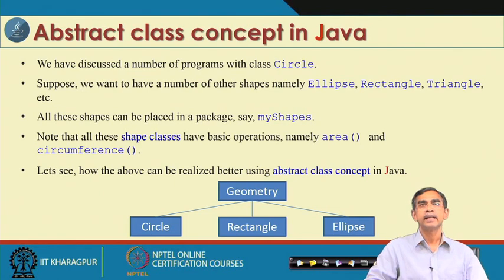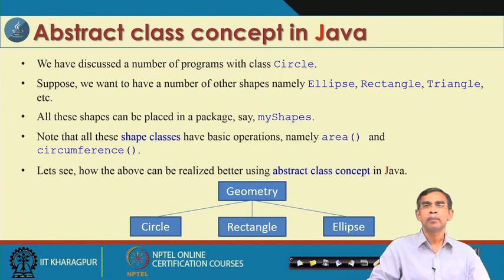Say we declare a class geometry as an abstract class, and then we want some classes inherited from this abstract class, namely circle, rectangle and ellipse. Here geometry represents a set of geometrical objects, and then there are different special objects belonging to these geometrical objects, namely circle, rectangle and ellipse.